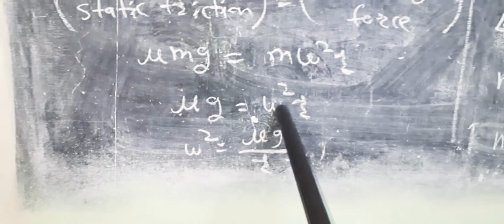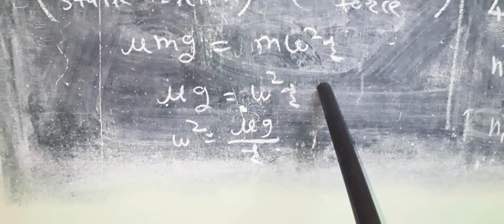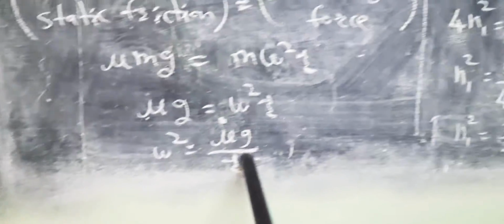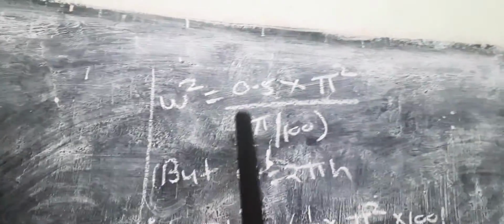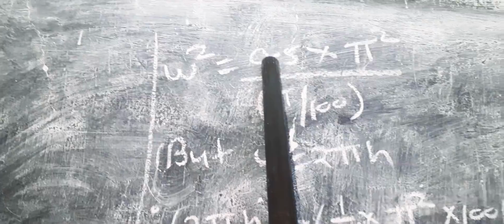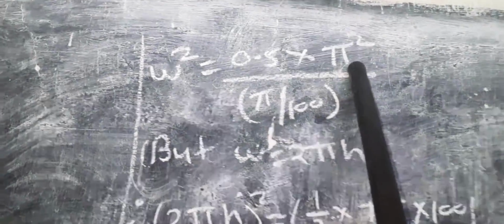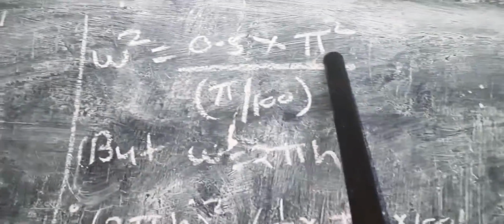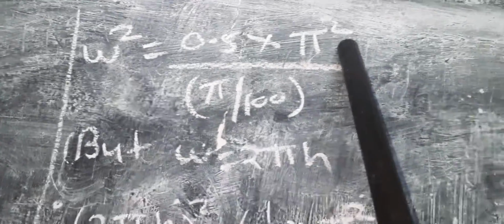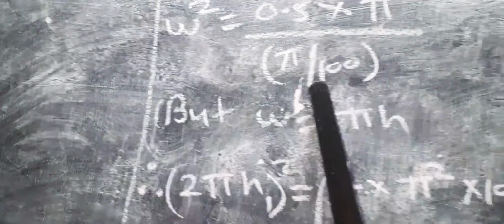Mu g is equal to omega square r, or we can say that omega square is equal to mu g upon r. So in place of mu we write the value which is given, 0.5, and in place of g we are given the value pi square. So in place of this we write pi square, and we are given the value of r.